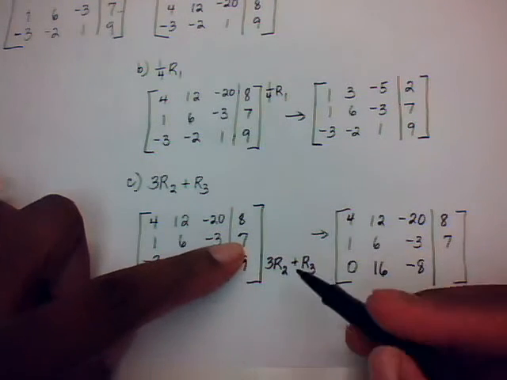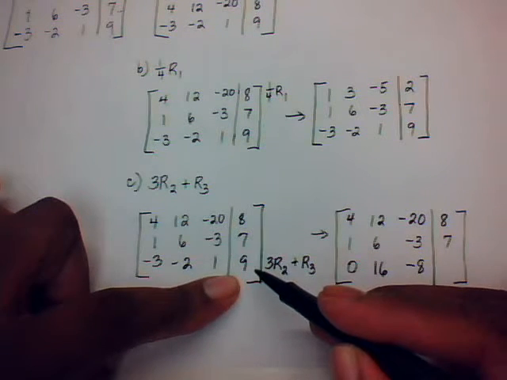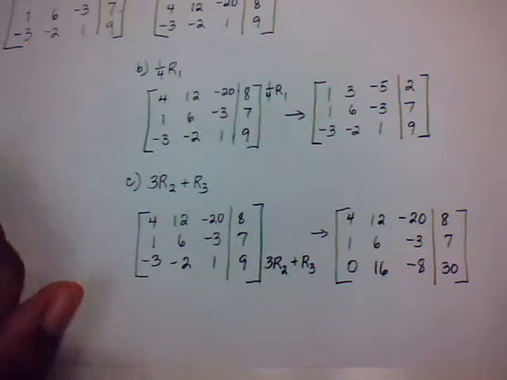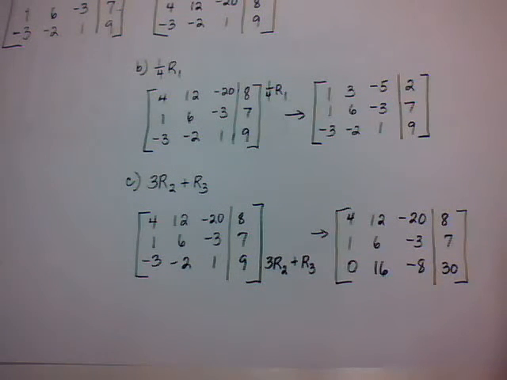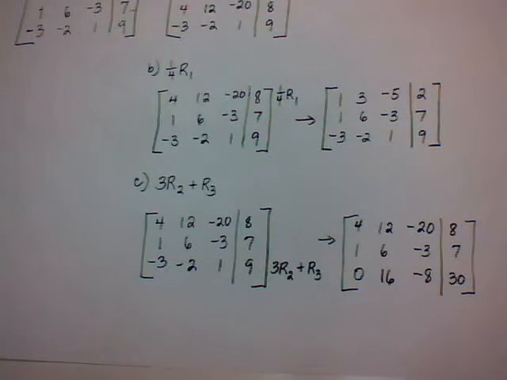And then finally, 3 times the 7 here, that's 21. 21 plus 9 is 30. Okay? So this is what you will get after you've done 3 times the second row plus row number 3.